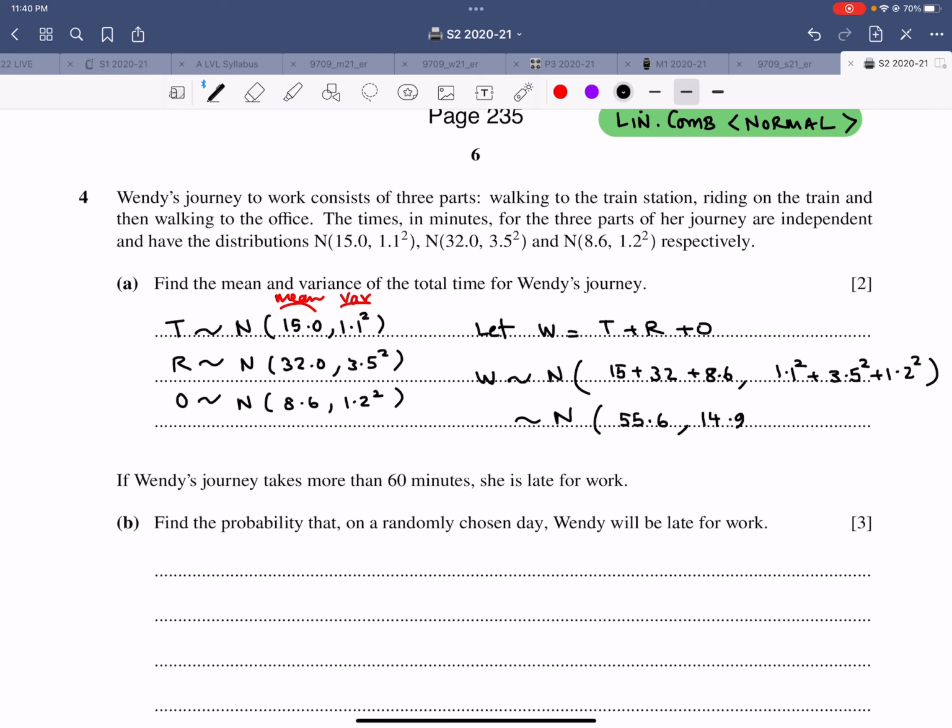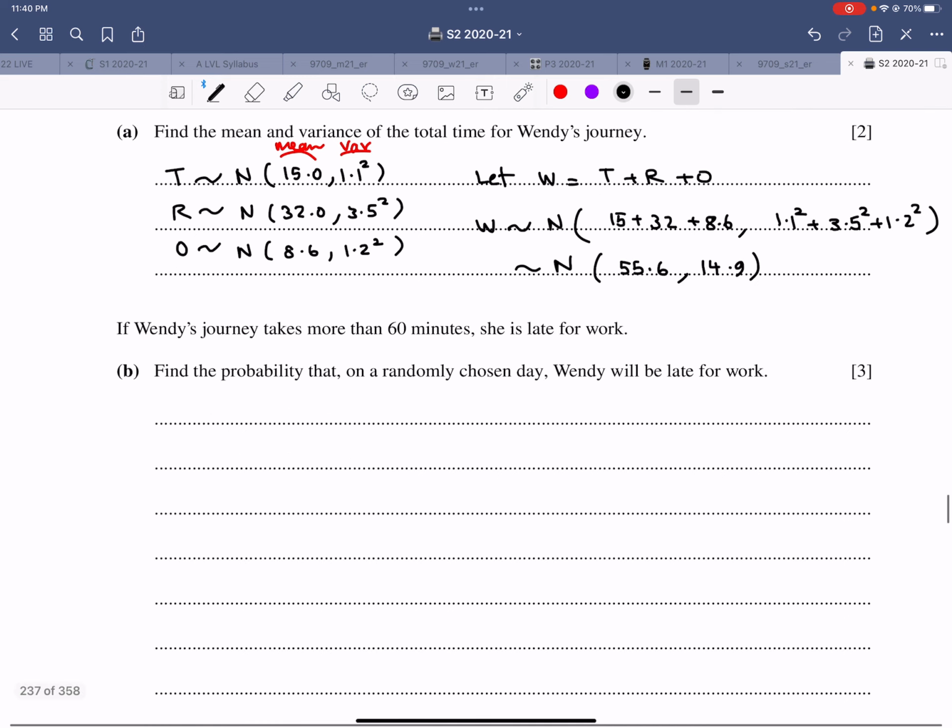Now it says, if Wendy's journey takes more than 60 minutes, she is late for work. Find the probability that on a randomly chosen day, Wendy will be late for work. So this is the statement that you need to highlight. We are looking for late.